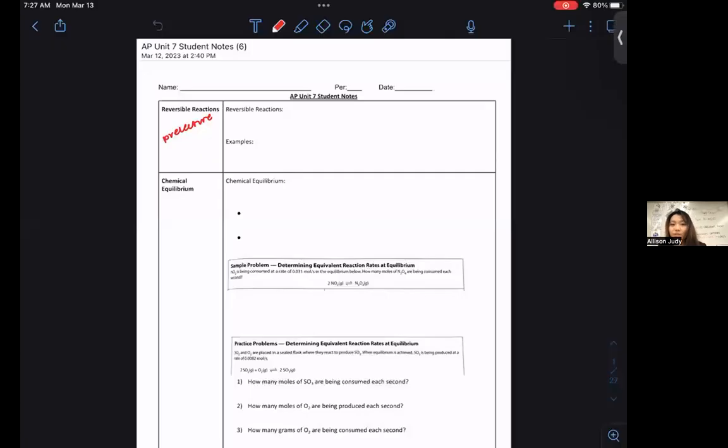All right, welcome AP students to your AP Unit 7 pre-lecture on chemical equilibrium and reversible reactions. We have just finished up Unit 6 on thermodynamics, where we looked at how energy, enthalpy, and heat all work together to explain certain phenomena regarding chemical processes in the exchange of heat flow, as well as the transformations of energy in general.